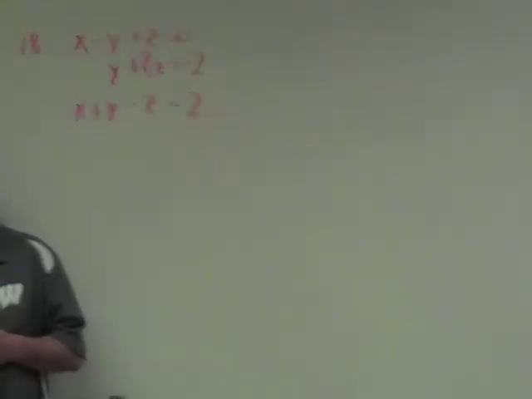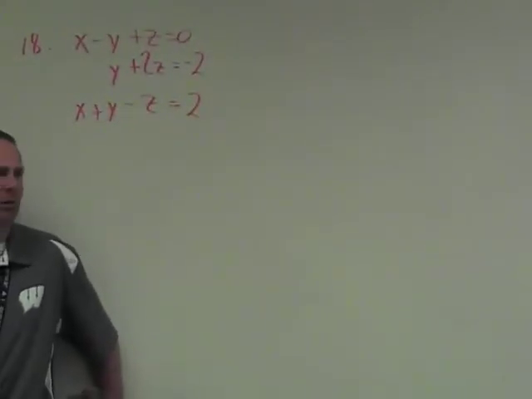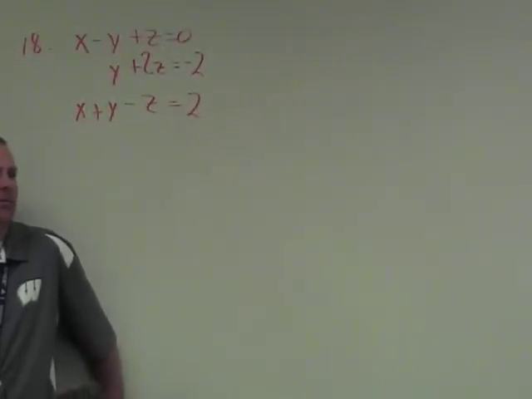When you had elimination in section 1, 2 equations and 2 unknowns, what did you do? What was it that you were doing in each of those systems to eliminate something? How did you do elimination? What'd you do? Subtracted.